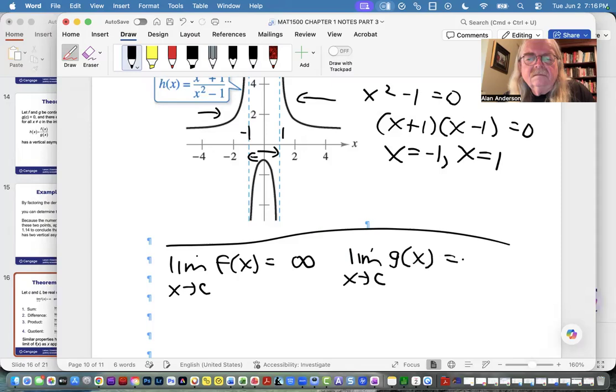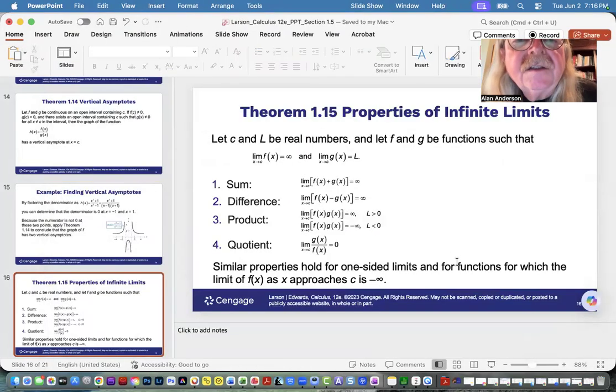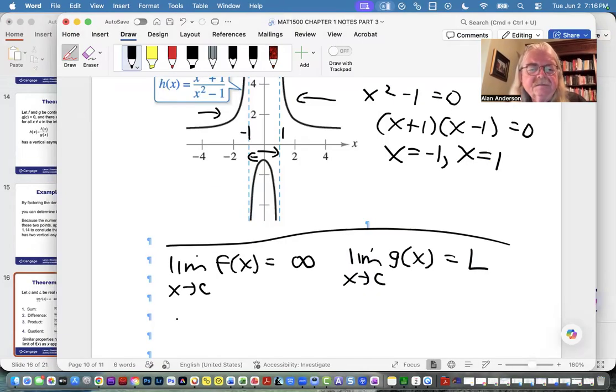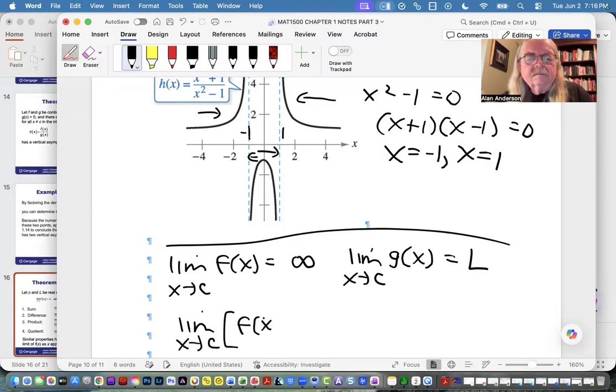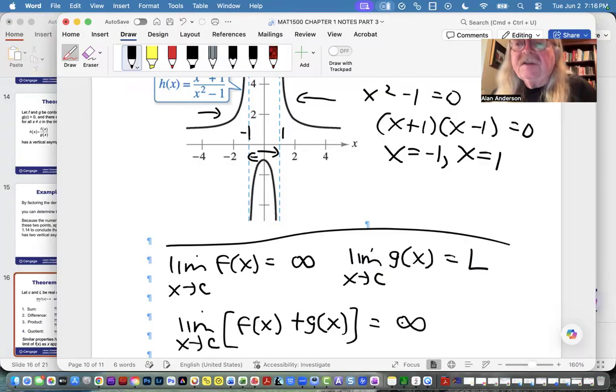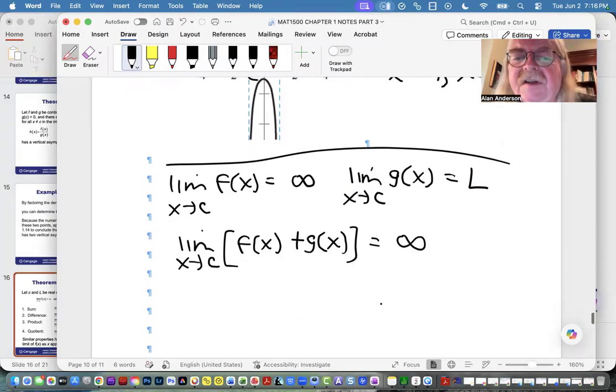So then if we take the limit of their sum, well, it must be infinity because if you add a constant to infinity, it's still infinity.